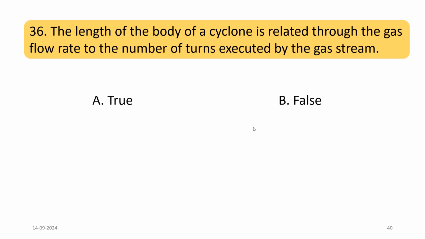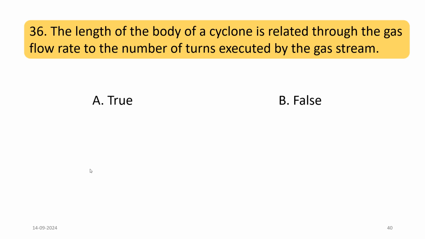Next, the length of the body of a cyclone is related through the gas flow rate to the number of turns executed by the gas stream.